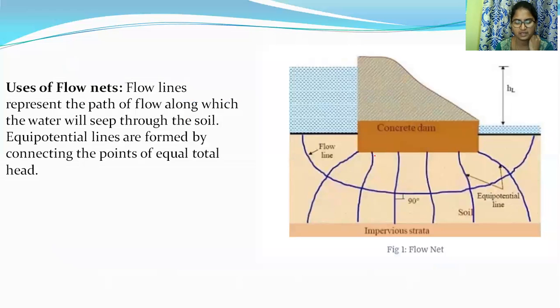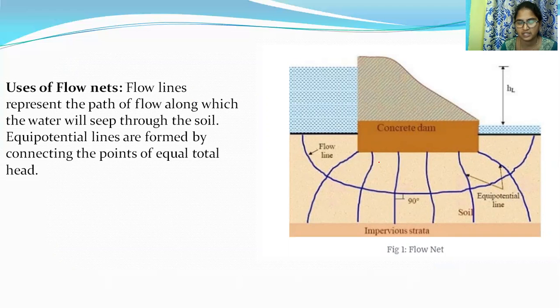What are the characteristics of flow nets? Equipotential lines and flow lines are perpendicular to each other, and flow lines show the path of flow along which water seeps through the soil.